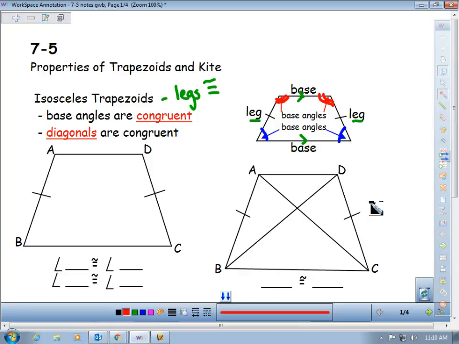The first property of an isosceles trapezoid is that the base angles are congruent. So in this picture to the left, I know that angle A is congruent to angle D, where this base and this leg intersect, and the same base with the other leg intersect. That's one set of congruent base angles. And then there's another set of congruent base angles with the bottom base. So angle B is congruent to angle C here.